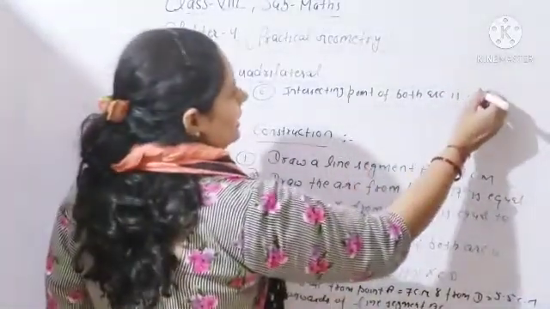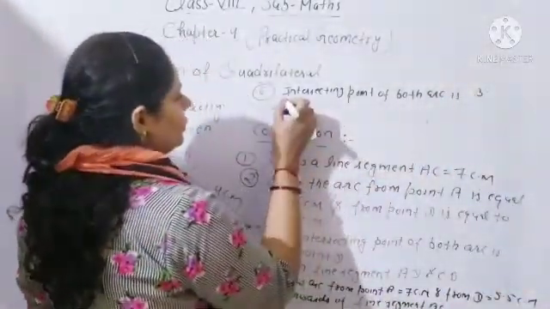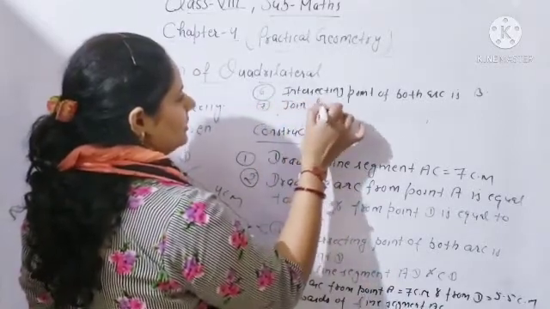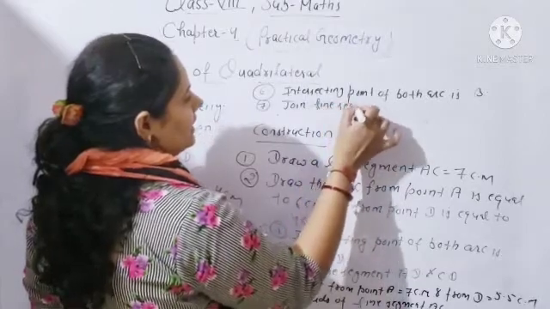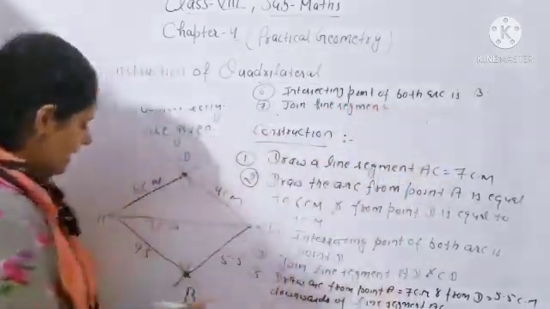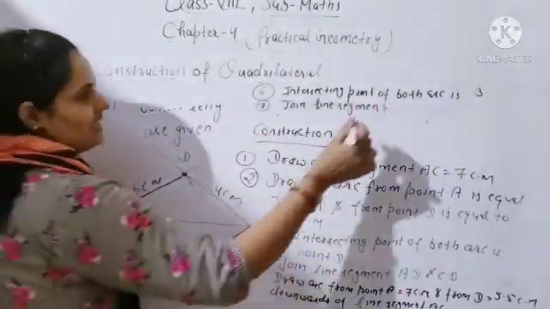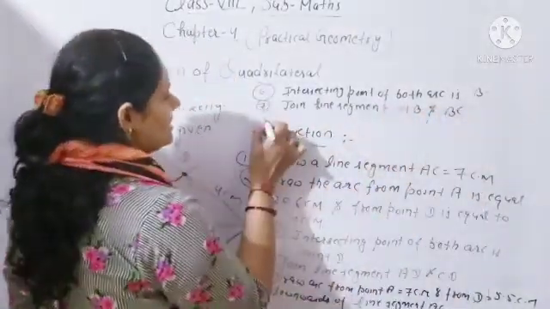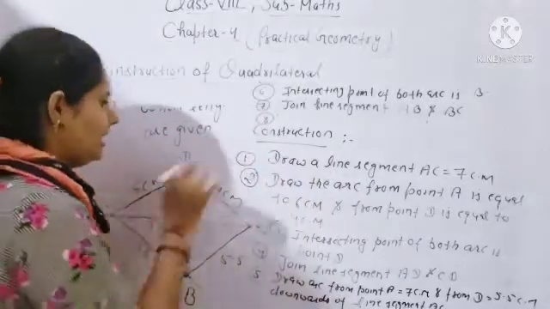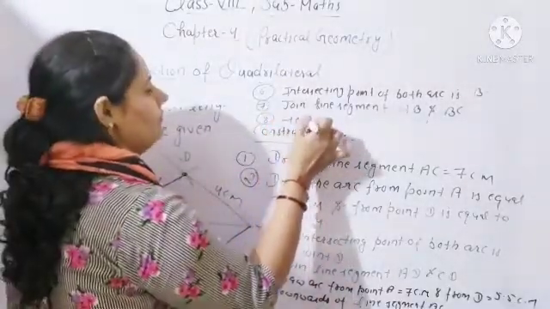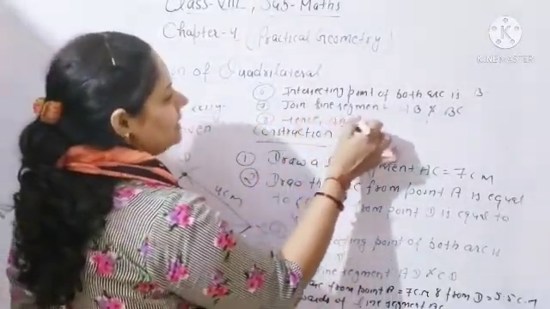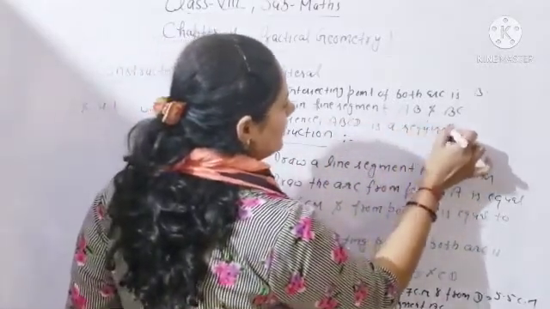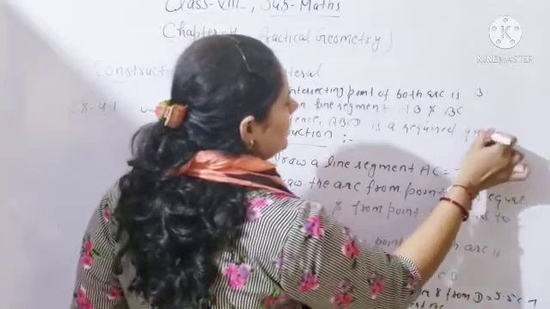B. Okay, it is B. Next step, seventh step, join the line segments AB and BC. And in the last step, point number 8, you will write: hence ABCD is the required quadrilateral.